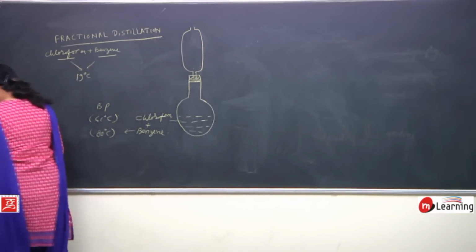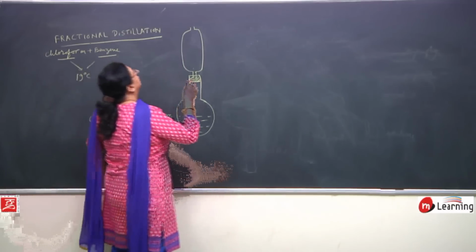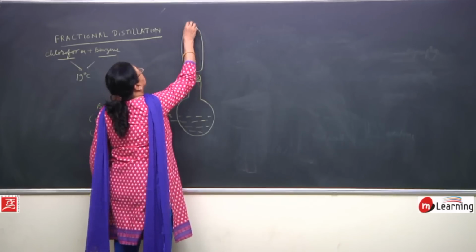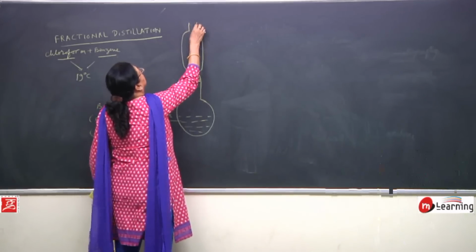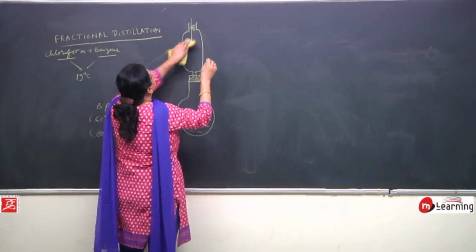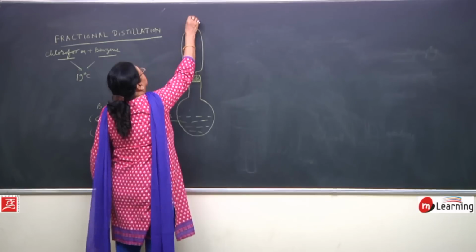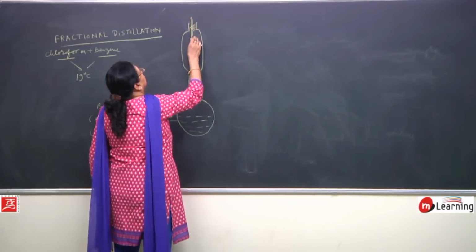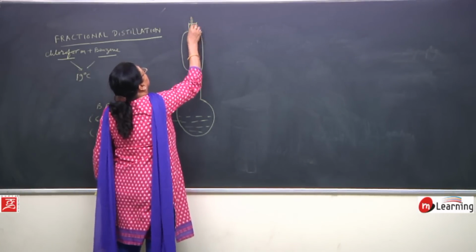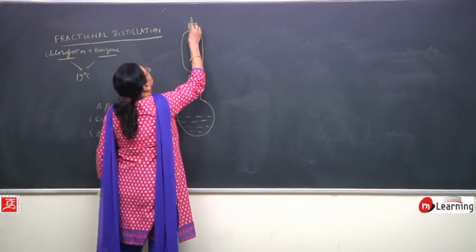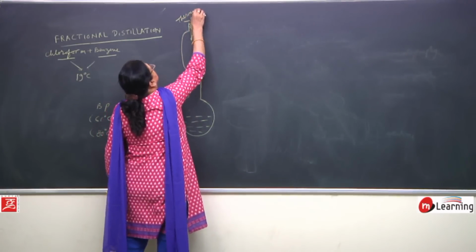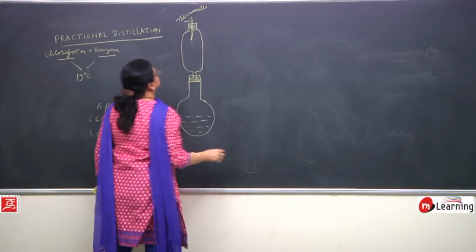This is the fractionating column. This is the thermometer here.